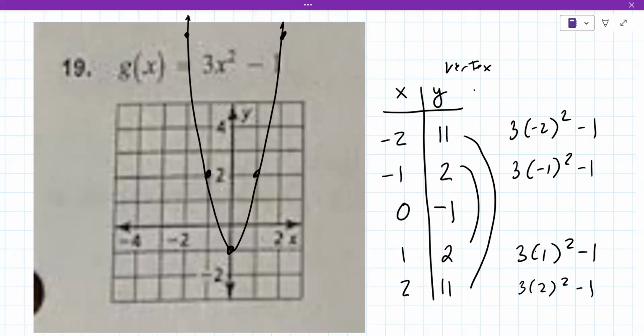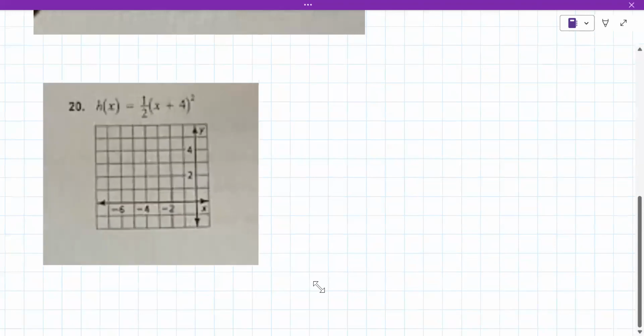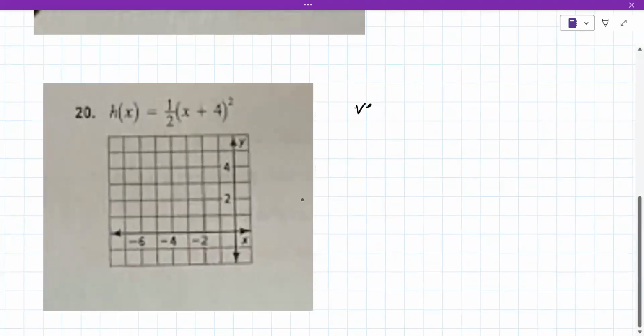All right. So for the one on the right, it's a little bit different. Number 20 there. This is in vertex form. Do you remember that at all from class? The vertex here comes from what's inside parentheses.